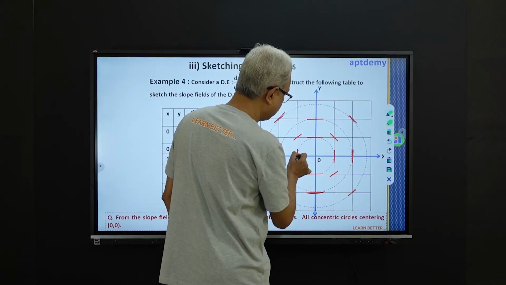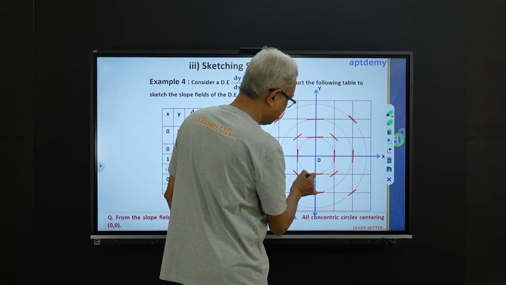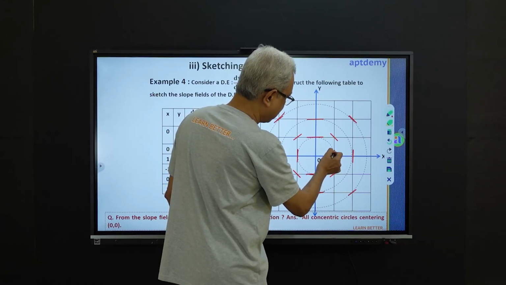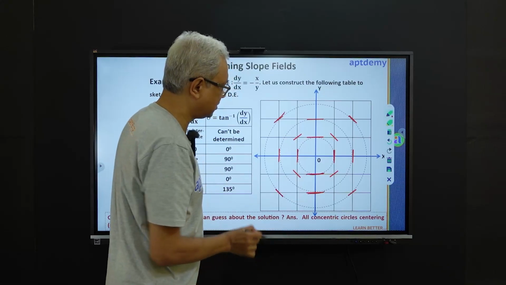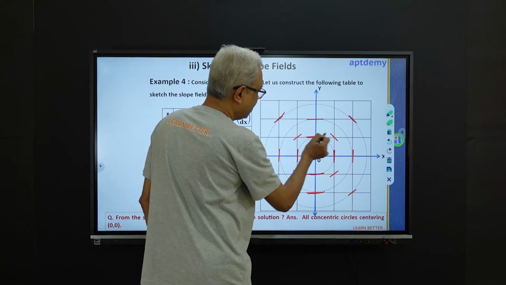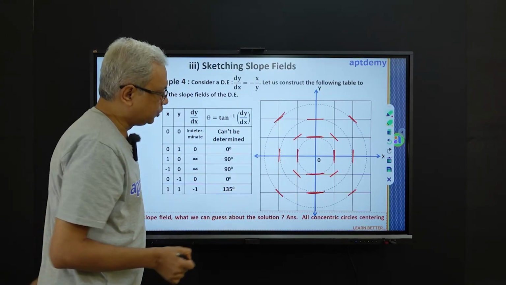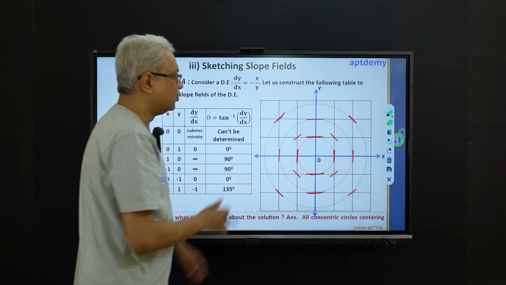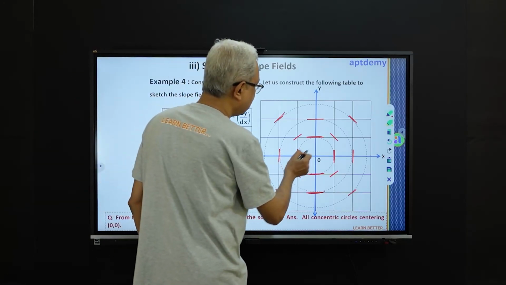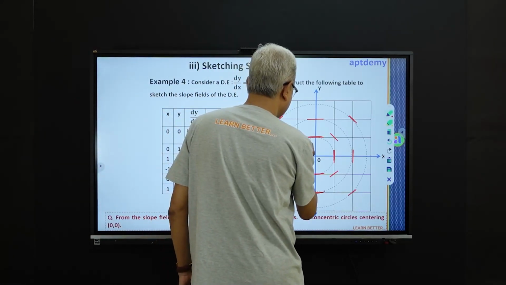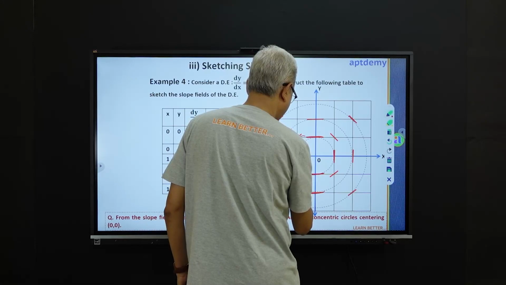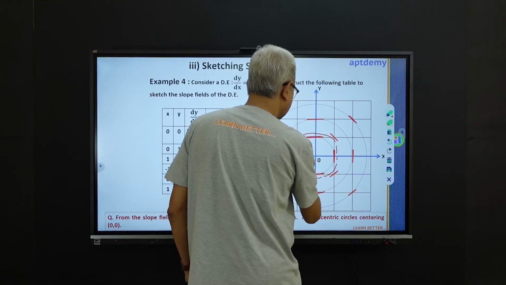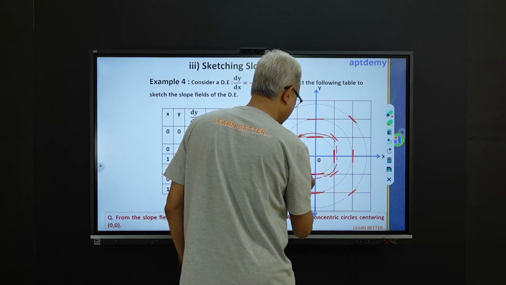So at these 4 points, the tangent is making 0 degrees with the x-axis here, 90 degrees with the x-axis here, 0 degrees here, and 90 degrees here. Consider this particular circle. Like this. Consider this circle.